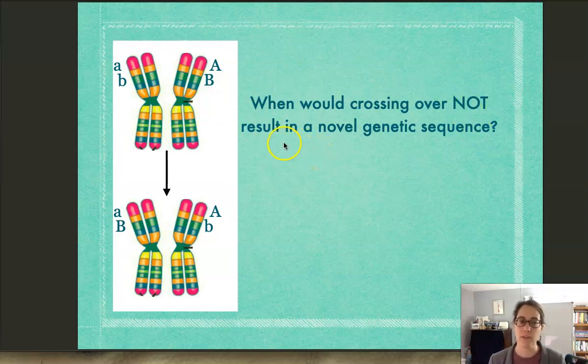So take a moment and think about that. If we have these 2 homologous chromosomes, they form a bivalent. How could you have a crossing over event, but no novel gene sequences, no novel combinations of genes or variants on the resulting chromosomes?